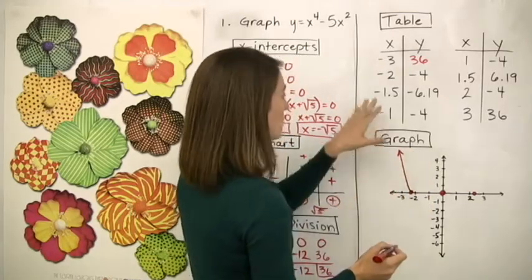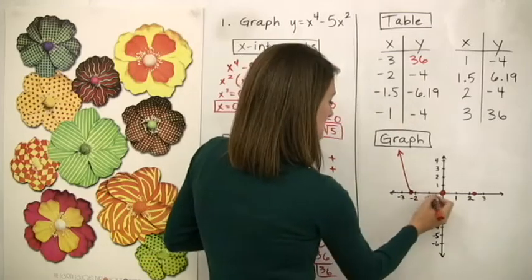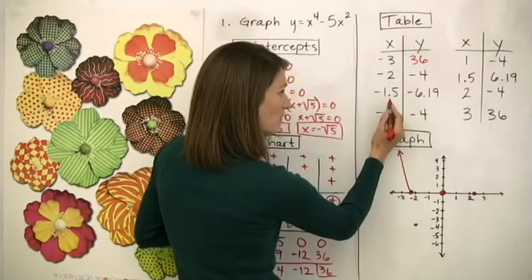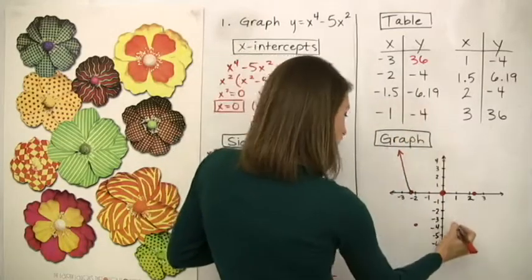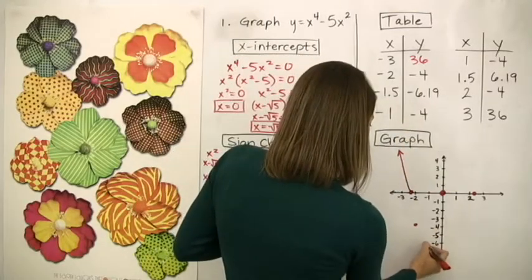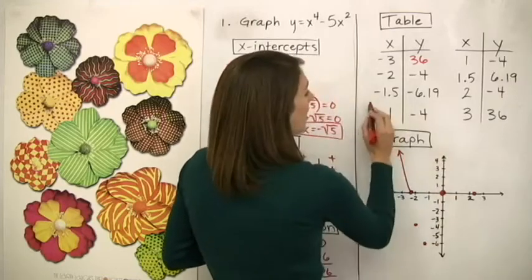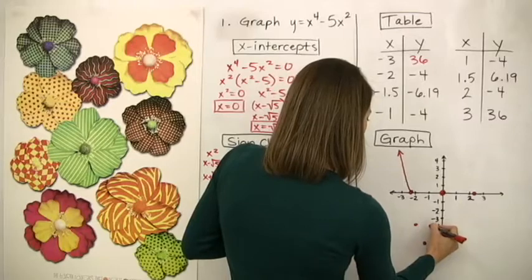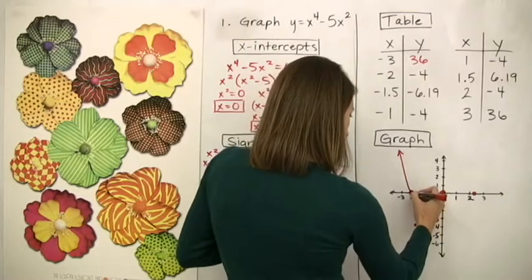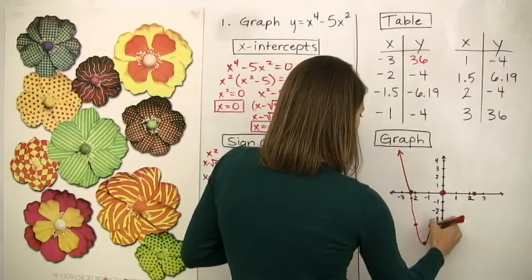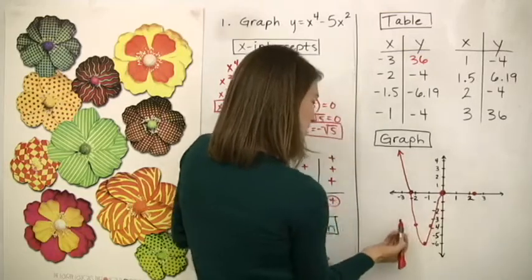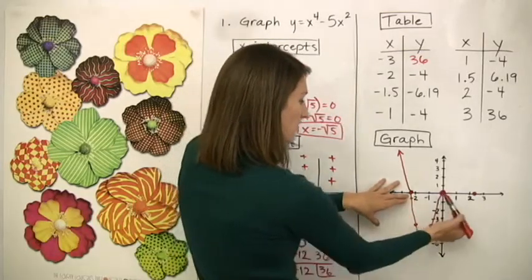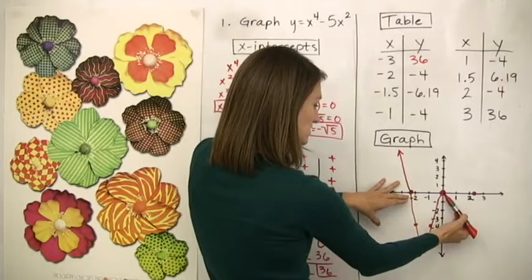So moving on, let's go ahead and plot some of these other points, -2 and -4. Then we have -1.5 and -6.19, which is about here. And then -1 and -4. So the graph is going to turn and come right back up and then look roughly like this in between our x-intercept of -√5 and the other x-intercept of 0.